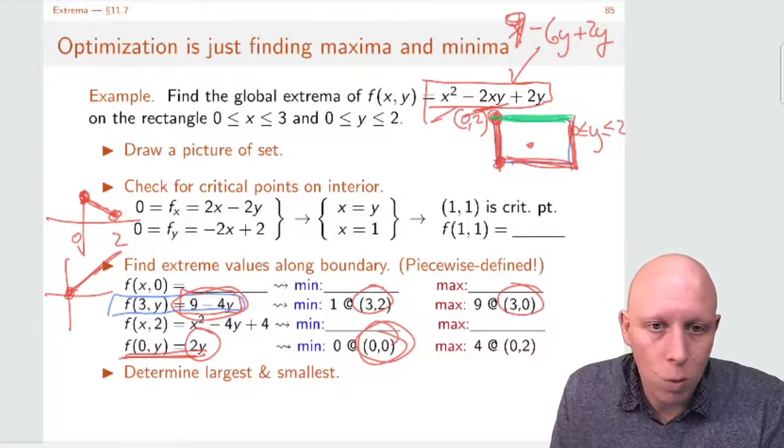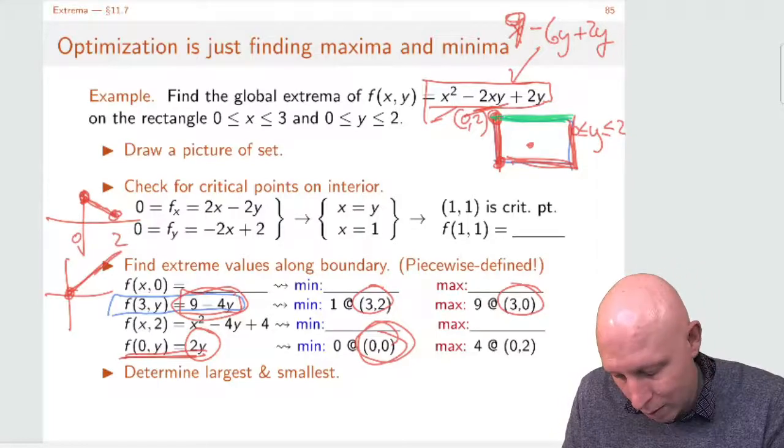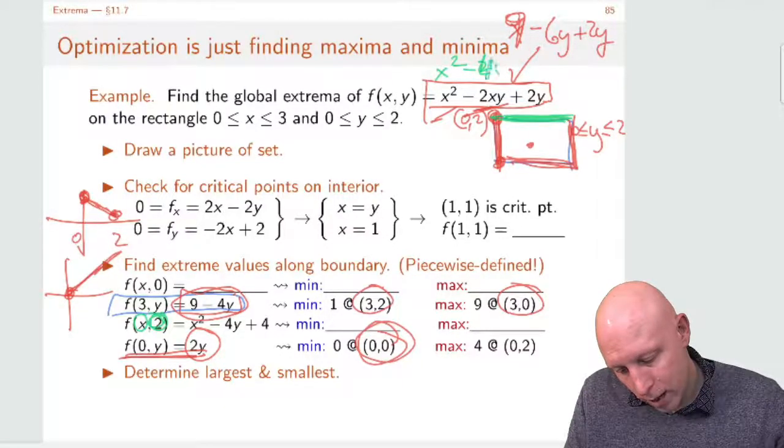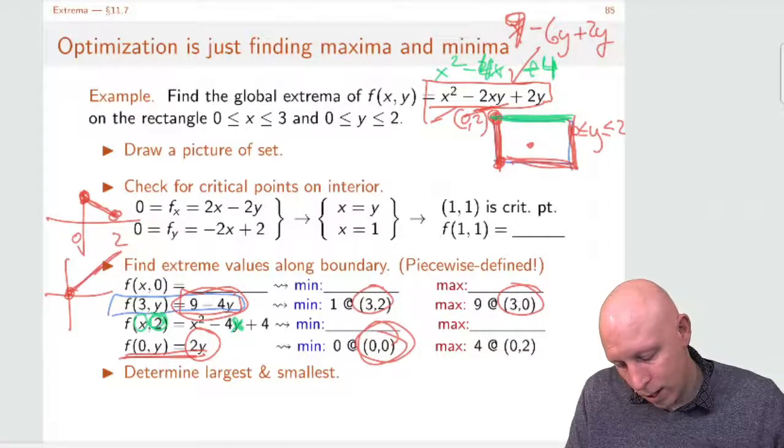And it's the most interesting one. So let's take a look at it. We're plugging in (x, 2). Into this equation, y equal to 2, we get x squared minus 4x plus 4. And x squared minus 4x plus 4 is equal to (x minus 2) squared.